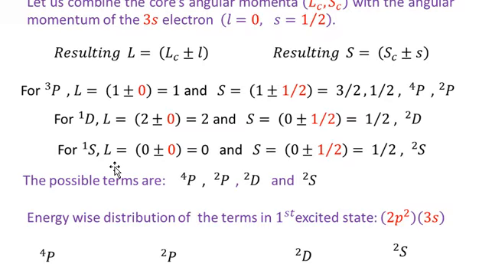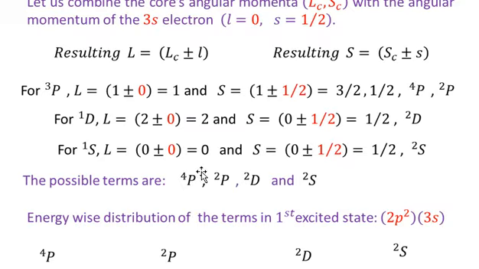For the 1S term, I have capital L is equal to 0, and you know that capital S is equal to 0 over here. From capital L, I obtained L is equal to 0, and from the multiplicity, which is equal to 1, I obtained capital S is equal to 0.